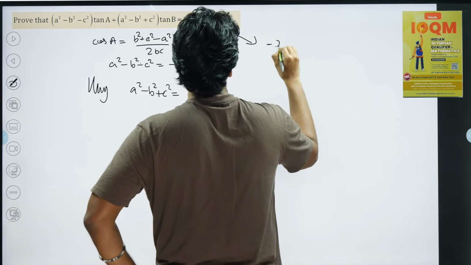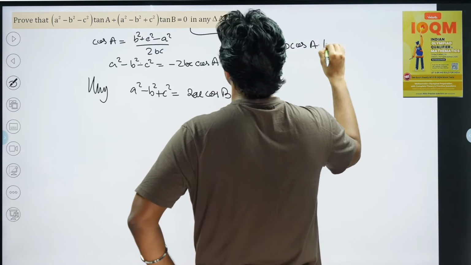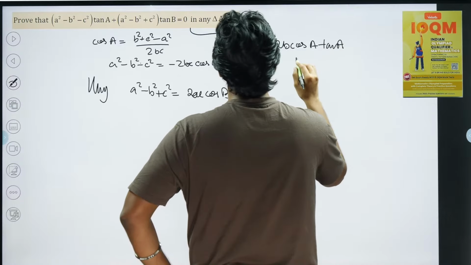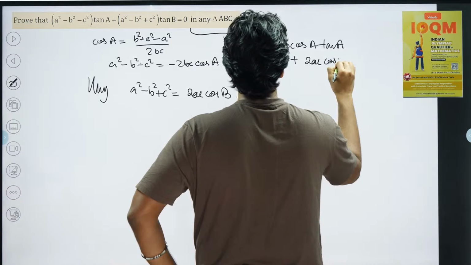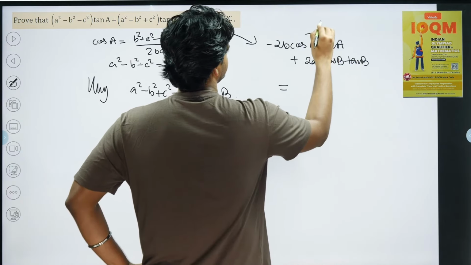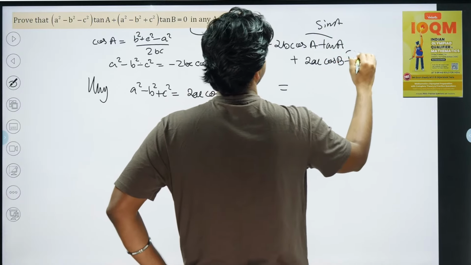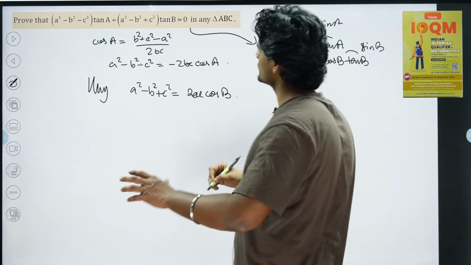So minus 2bc cos A tan A plus 2ac cos B tan B. This is simply sin A, this is simply sin B. This is another way of writing sine rule, that's it.